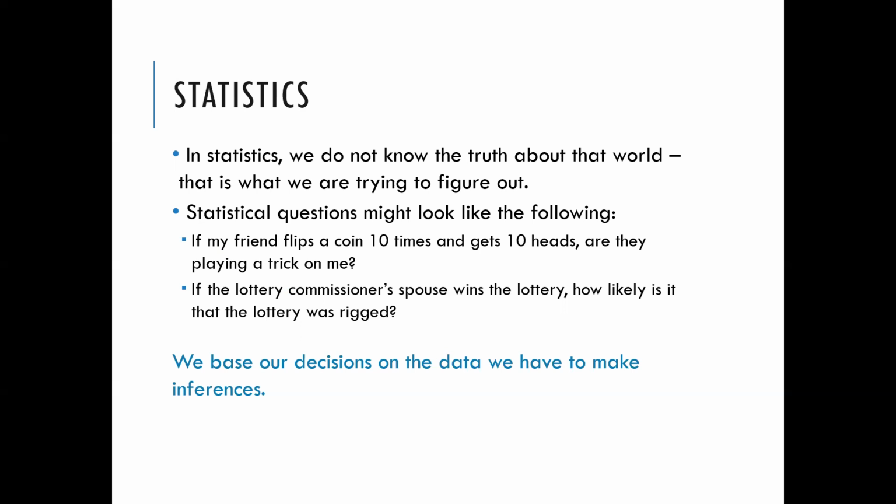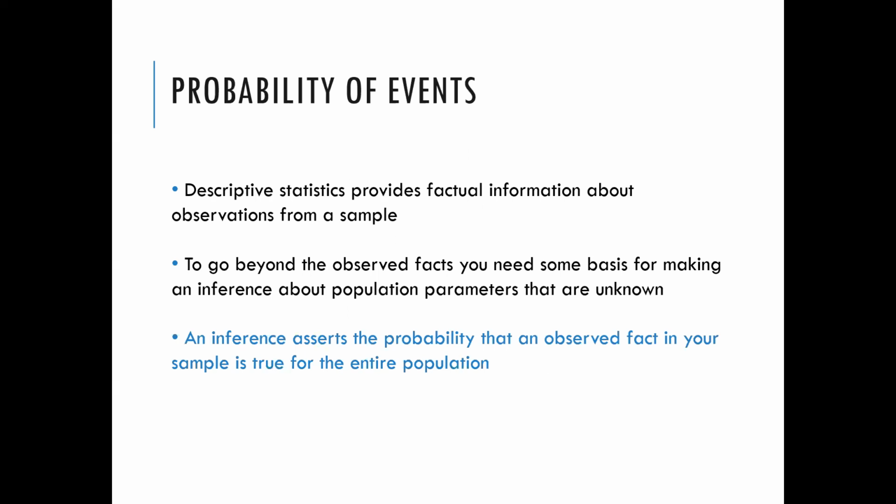Another question might be, if the lottery commissioner's spouse wins the lottery, how likely is it that the lottery was rigged? So we base our decisions on the data we have to make inferences about the population or the truth or the true probability. Descriptive statistics provides factual information about observations from our sample.